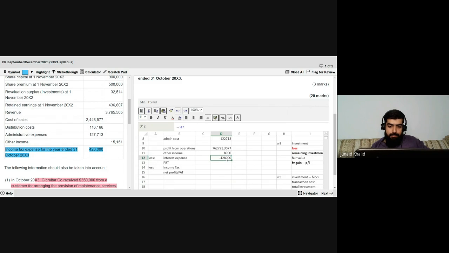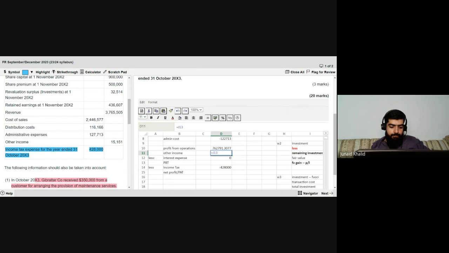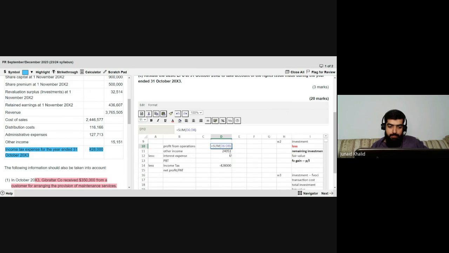Okay, yes. So we just wanted this one. It was income tax. We have no interest expense, and the other income was 15,151. Add this one. And the profit from operation was this.